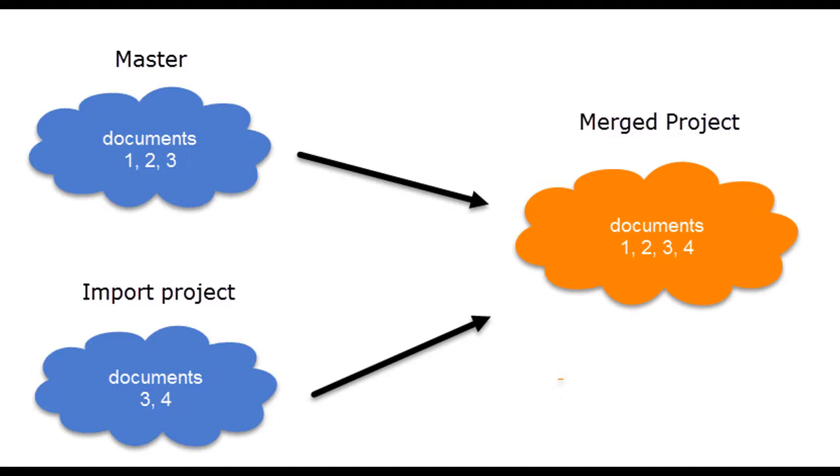So let's look at this example here. We have 2 projects, and document 3 is available in both projects, while documents 1, 2 and 4 are different documents. So we end up with a merged project that contains documents 1, 2, 3 and 4.